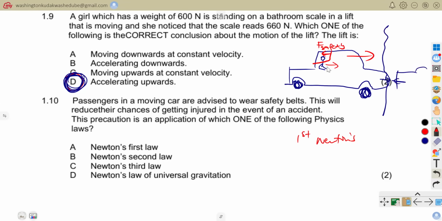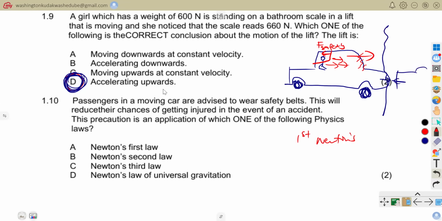So this object will continue moving even though the car is stopped. There is a windscreen here. This guy can be thrown out of this windscreen, or he can smash himself on this windscreen. That means that he will get injured through that. However, this safety belt is applying a force that is going that side.